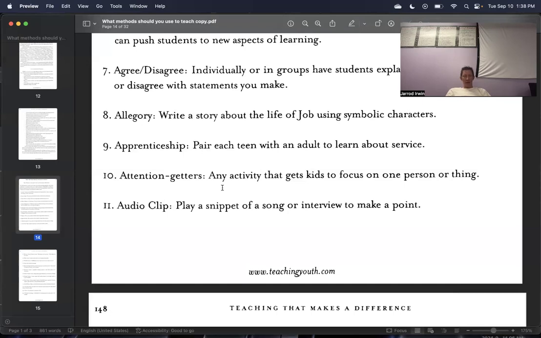C.S. Lewis actually did write more direct allegories. He wrote a book called Pilgrim's Regress, which was, I think, supposed to be more of a direct allegory. And I don't even remember that book very well. It was one of the first ones I read, probably almost 20 years ago.